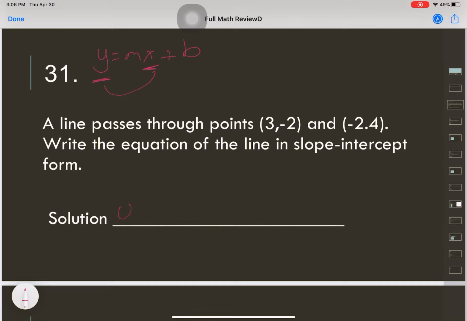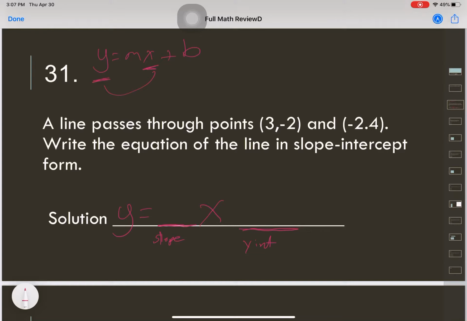So we know it'll be y equals, and then whatever our slope is will go right here, then x, and then plus or minus that y-intercept. So the first thing we have to find is the slope.